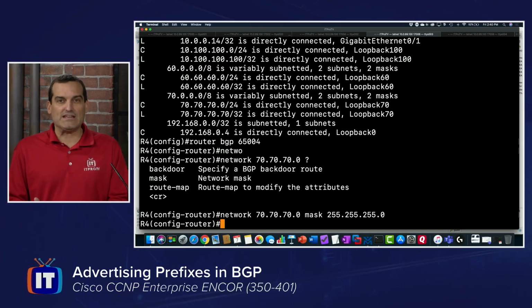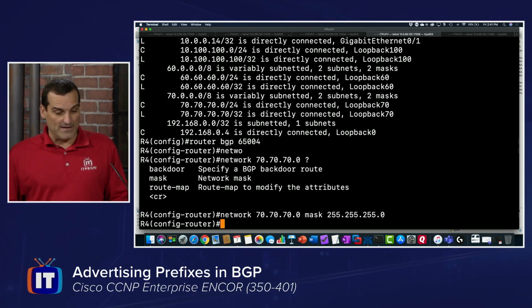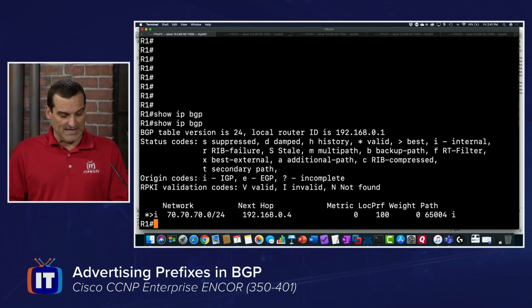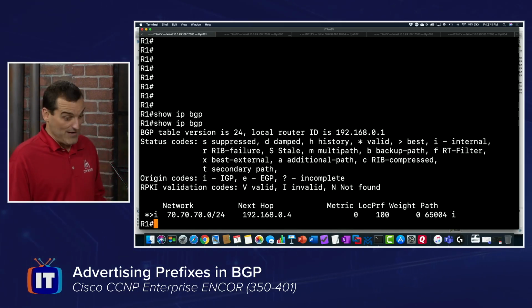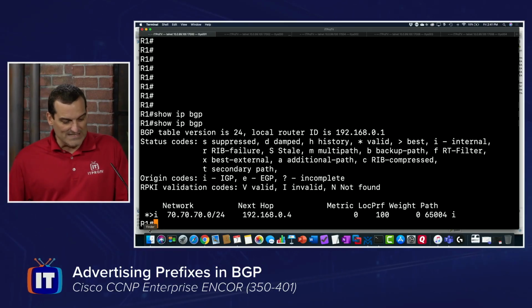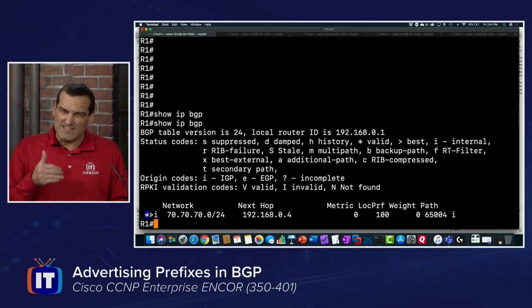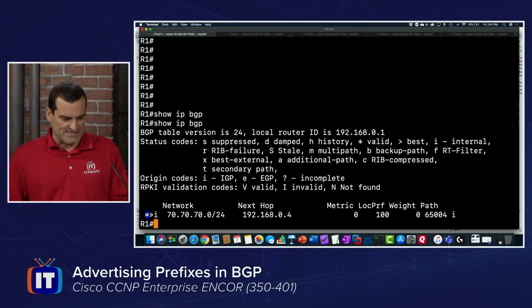It's in the routing table. I use the correct mask in the network statement. So now if we go up to R1, Ronnie, I'm expecting that to be in the BGP table, and there it is. It is marked as valid, meaning that it has a next hop, and the next hop is reachable. It does these checks to see if the prefix is valid.